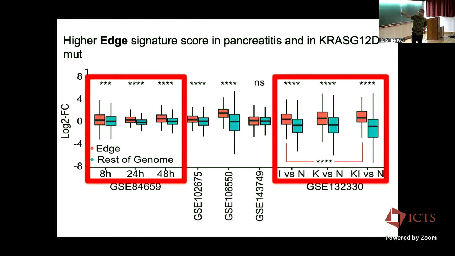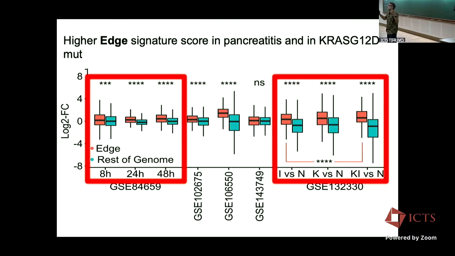So that's nice. This is a very interesting data set from Scott Lowe's lab, where they wanted to check the synergy between pancreatic injury and KRAS G12D mutation, whether they interact with each other, right? So they have mice with only chemical injury, mice with only KRAS G12D mutation, and mice where the mutation happens in the background of injury.